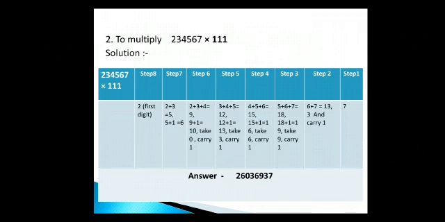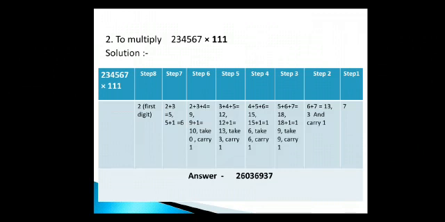Again, now we have to multiply 234567 by 111. The first step is 7, the last digit. Step 2, we add 6 plus 7, that is 13.